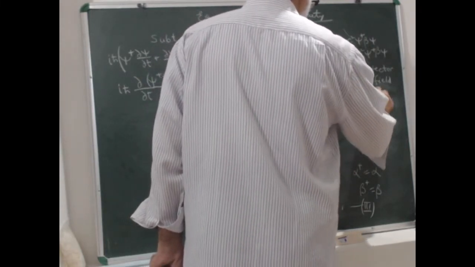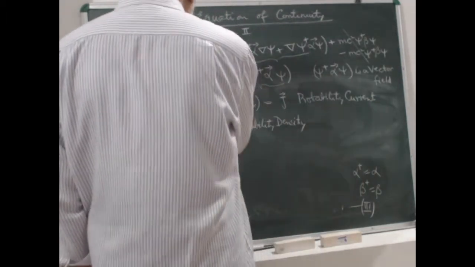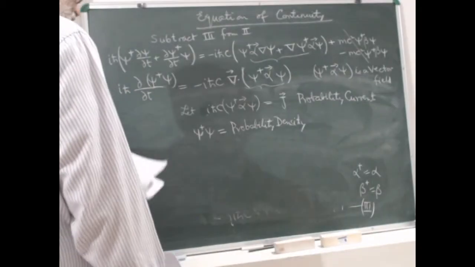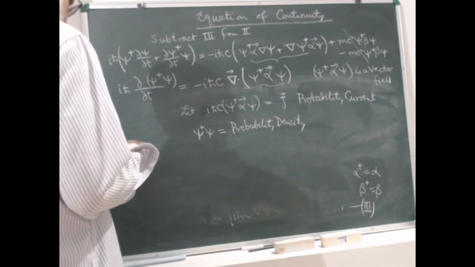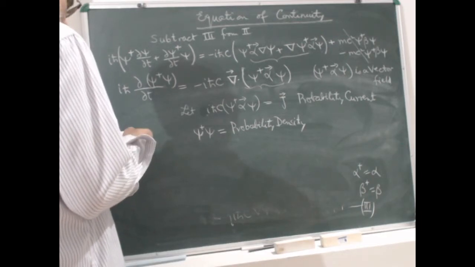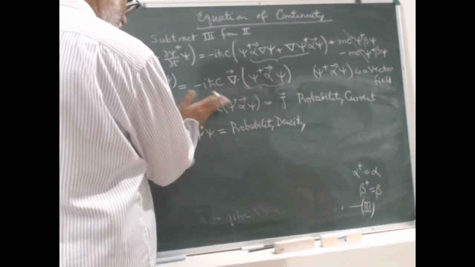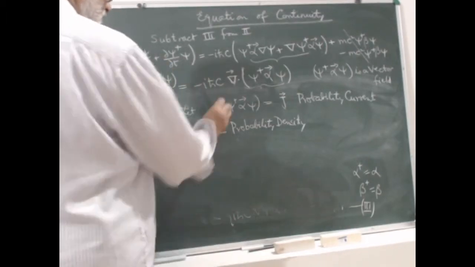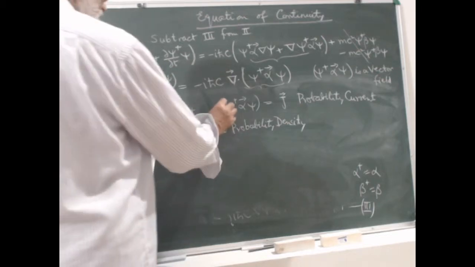That is some flux coming out of the volume, and this is the change in the volume with time inside. So we can write, no, h cross, it's c alpha dot, i cancels out. C alpha dot, this is the probability.